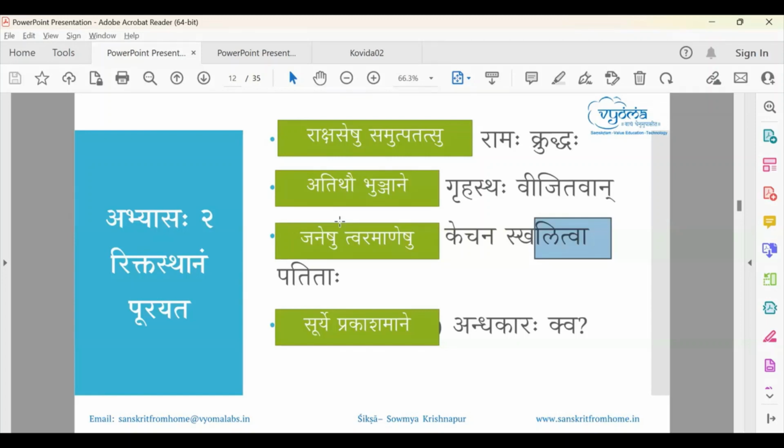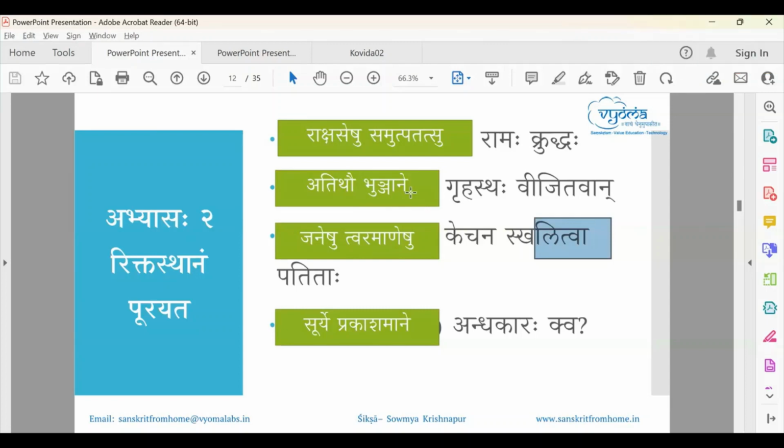When the guests were eaten, Unjane is similar to Shatru. Shatru and Shanach have the same meaning. Whereas Shanach is used for Atmanepadi Dhatu, Shatru is used only for Parasmepadi Dhatus. So, the actual noun is Athithihi Bhunjanaha. Athithihi Bhunjanaha Asit. So, Athithau Bhunjane.